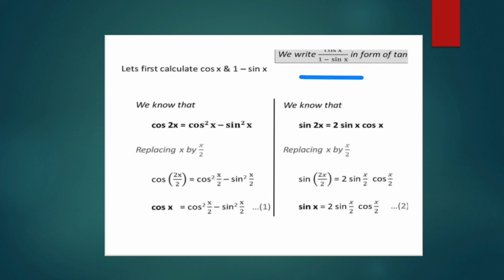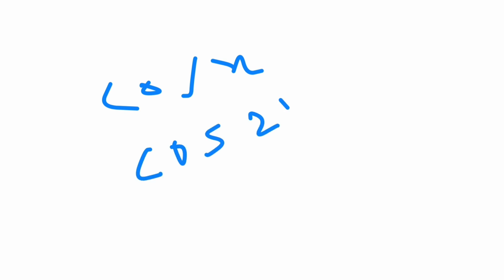Our question is cos x by 1 minus sin x. First we will take cos x, then sin x, then substitute in this expression. We know that cos 2x is equal to cos square x minus sin square x. Replacing x by x by 2, because we have only cos x there, we are taking the formula of cos 2x.